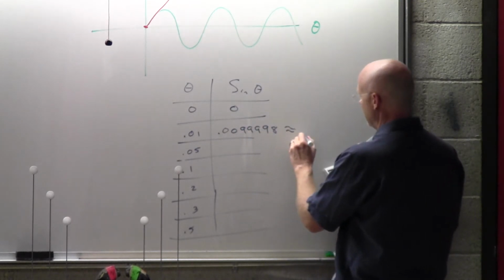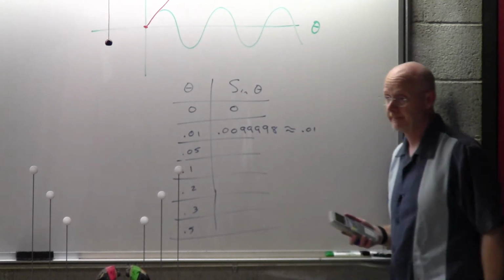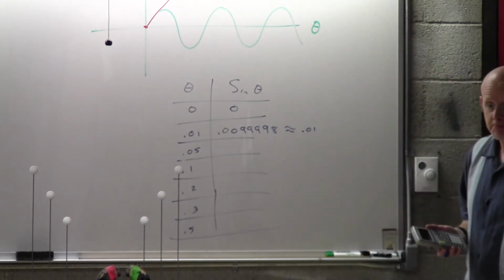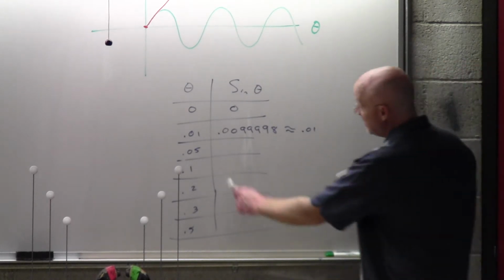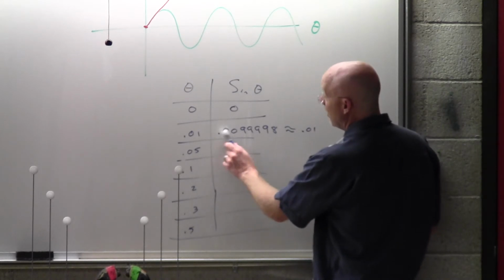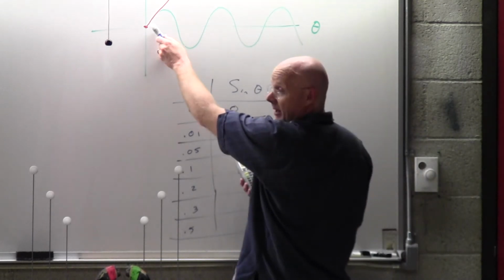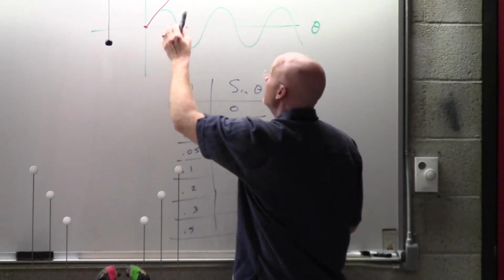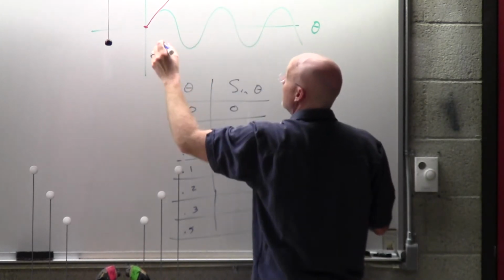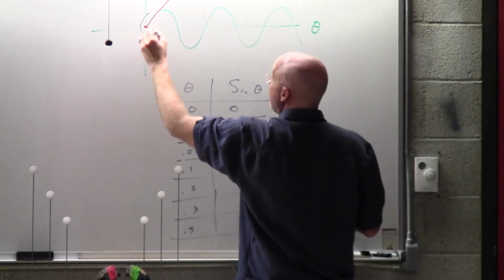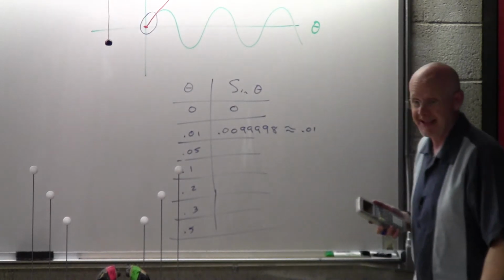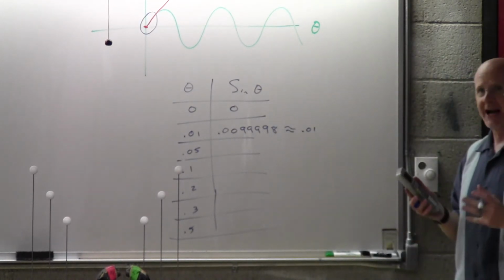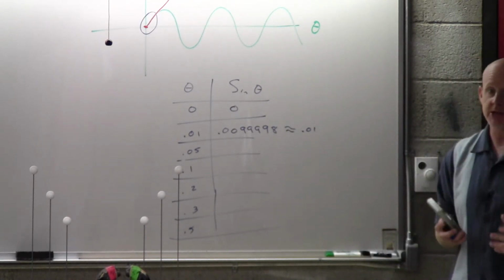Isn't that pretty darn close to 0.01? You see how the angle and the sine of the angle are pretty much the same thing? That's what's meant by a straight line. So in this area, sine of theta and theta are pretty close to the same thing.